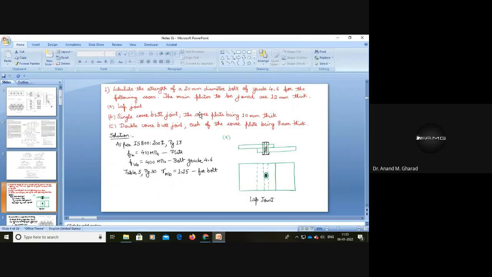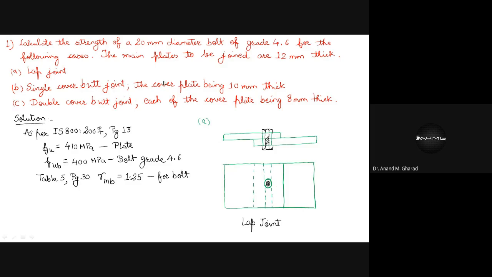Do we have any information related to grade of the plate? Is it given? Yes or no? No. That is grade of the bolt. I am saying grade of the plate. Nothing is mentioned, isn't it?